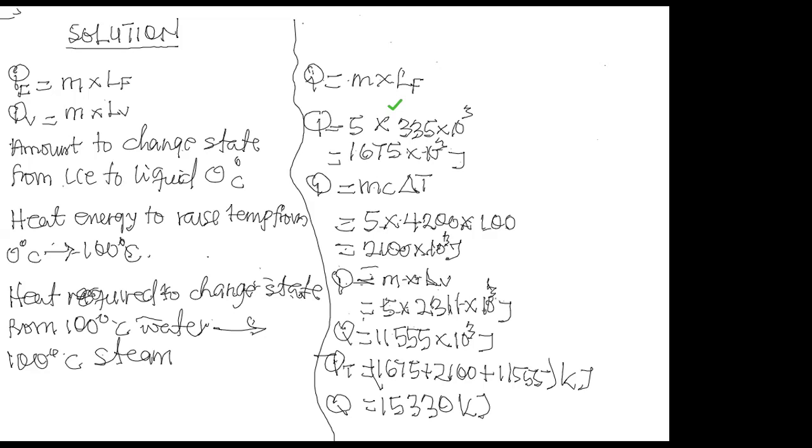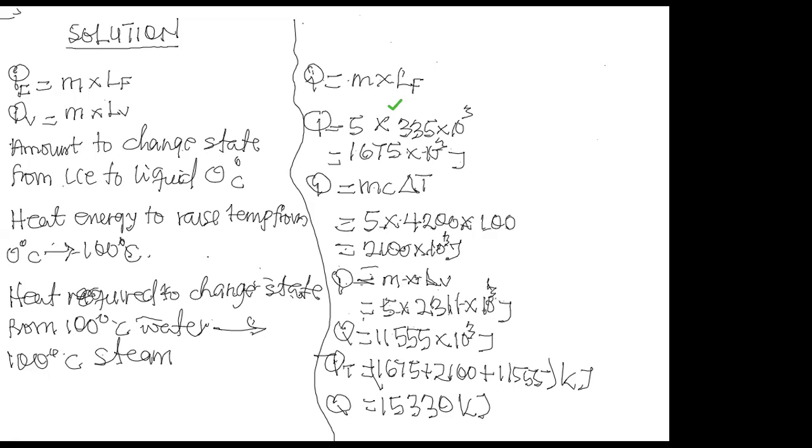Take the specific heat capacity of ice. Let me give you the specific heat capacity of ice. That is 2050. Take the specific heat capacity of ice to be 2050.